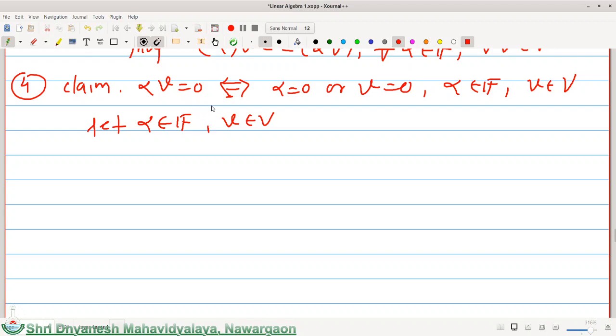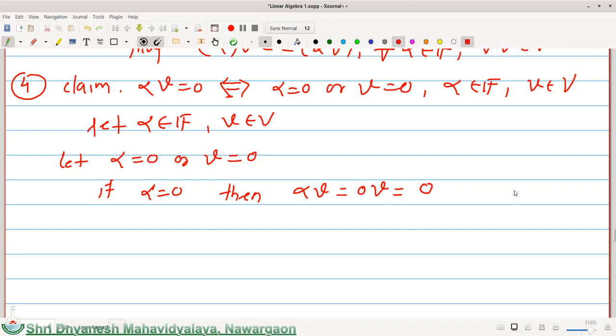Okay, so let us take this part as given in the first case. So let alpha equal to 0 or v is equal to 0. We have to prove alpha into v is equal to 0. If alpha is equal to 0, then alpha into v will be 0 into v, and we have proved in number 2 that 0 into v is equal to 0.